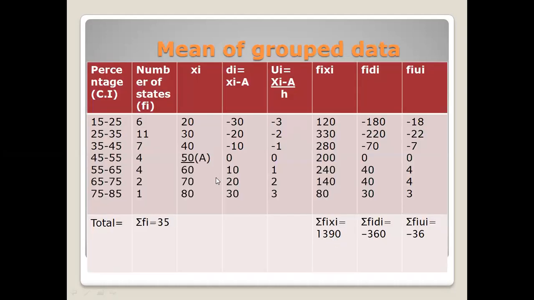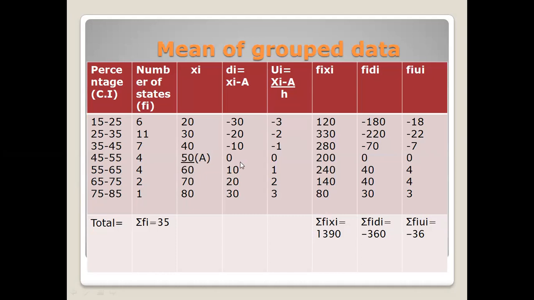Just see here. For this, 8 columns are required. The first column is the class intervals, representing the question. The second column is frequencies, and the third column is xi, the class marks.